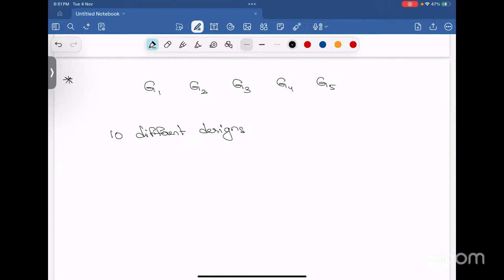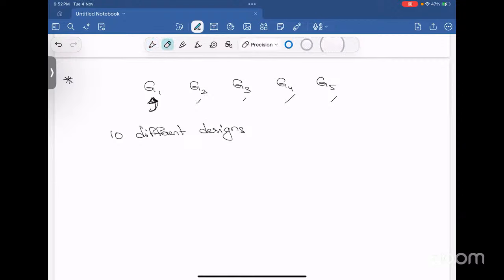Okay. So what does this mean? This goes in order. Once you choose one gift wrapper for G1, you cannot give that wrapper to G2 or G3 or G4 or G5. But the wrapper you gave to G1 can be given to G2 also.